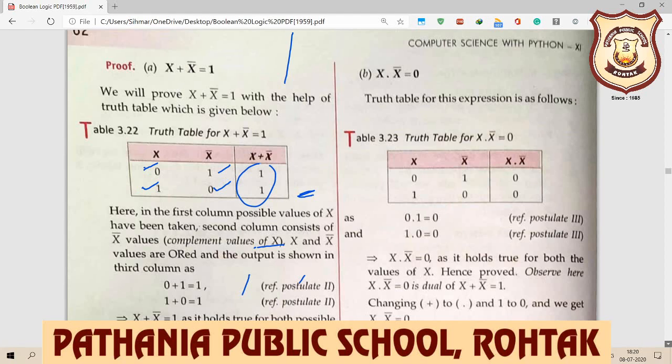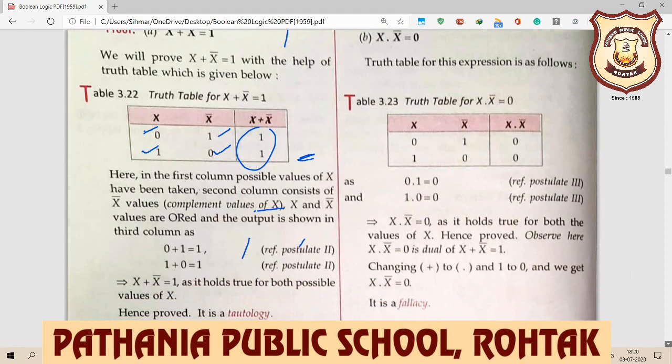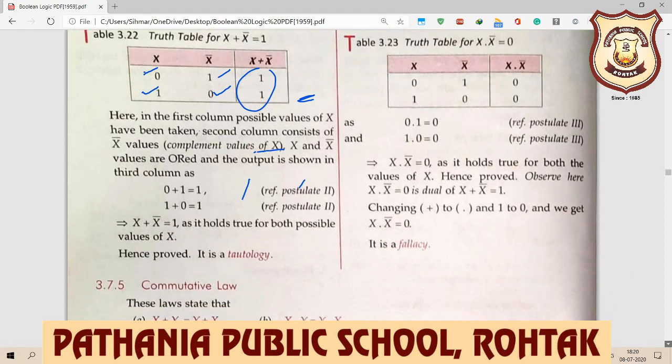And how do we say 0 plus 1 is equal to 1? Because in the second postulate we already learned 0 plus 1 is always 1 and 1 plus 0 is always 1. So we say that x plus x complement is always 1, as it holds true for both possible values of x. Hence proved, it is a tautology. Tautology means when all your values are 1.